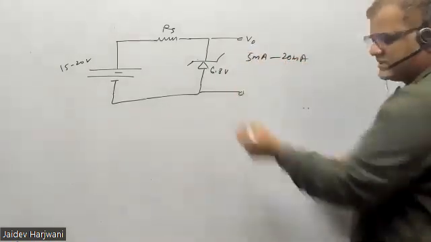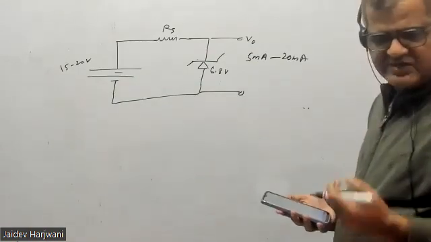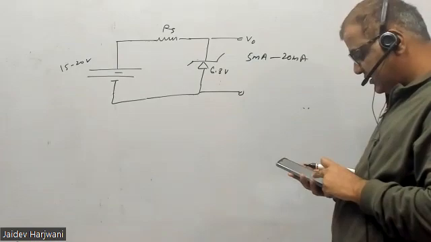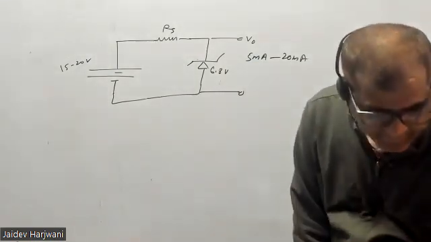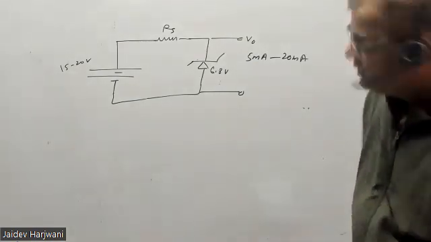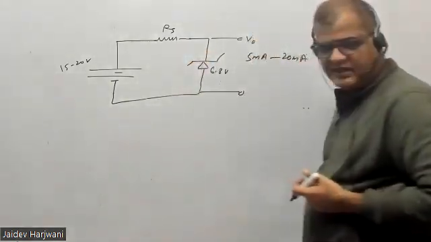Load resistance is not shown here, it's open, but the current value is given, so you can understand some load is there. And the value of series resistance should be, so this asks what is the value of this series resistance.